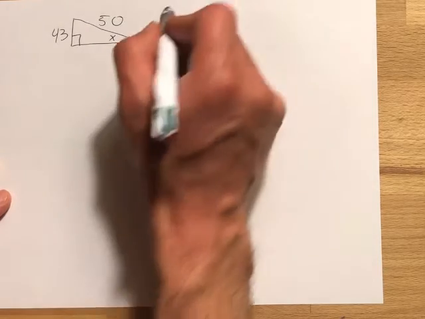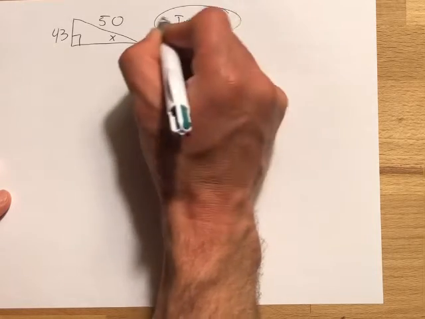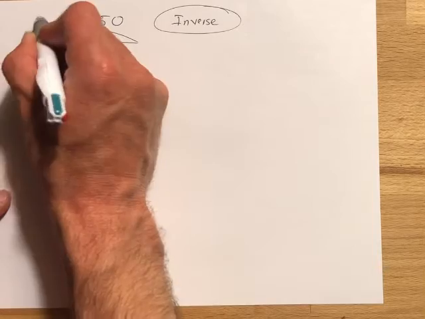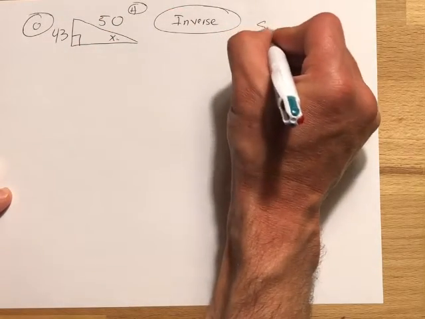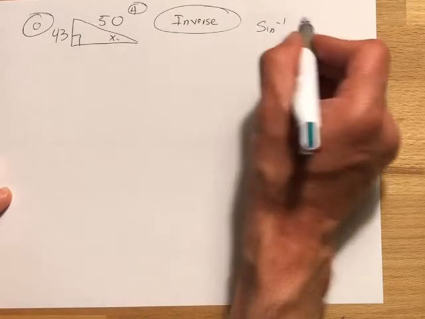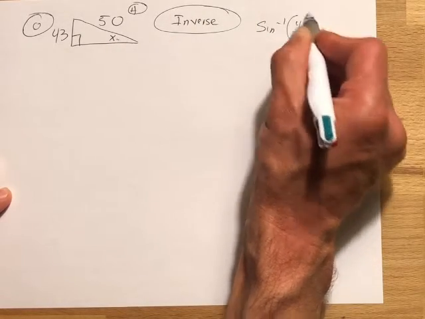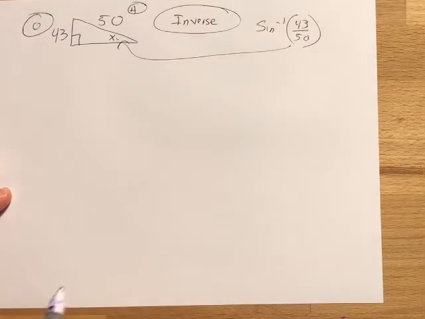Whenever you're finding the angle, you always use the inverse. So from this angle, this is your opposite and this is your hypotenuse. So sine inverse of 43 opposite over hypotenuse 50. That's what you plug into your calculator, and that's going to spit you out the angle.